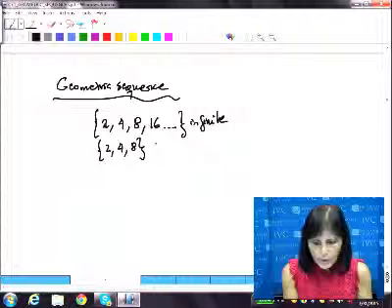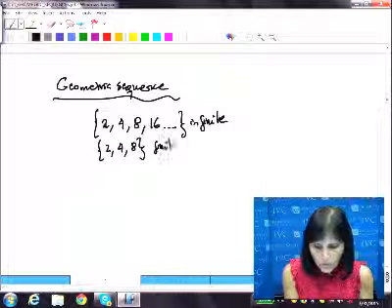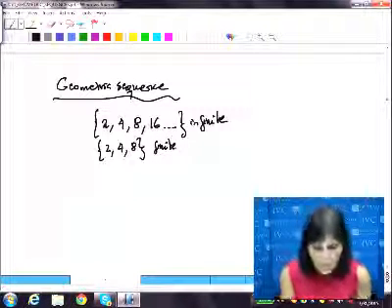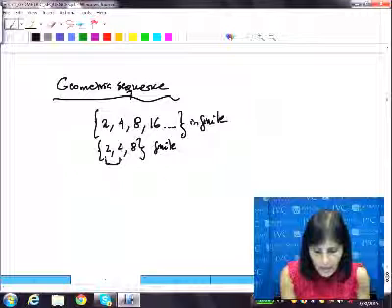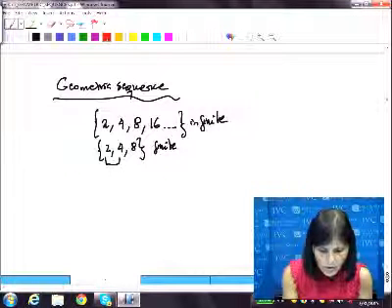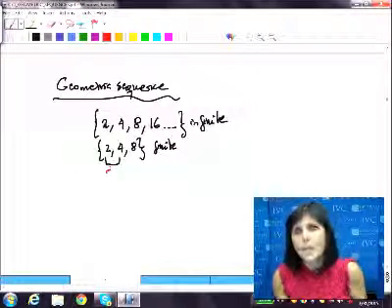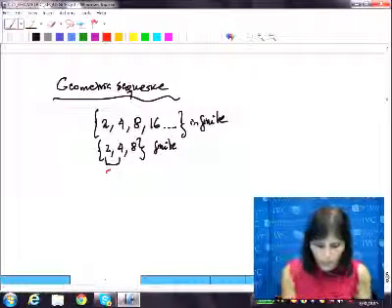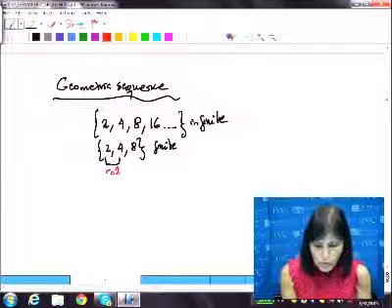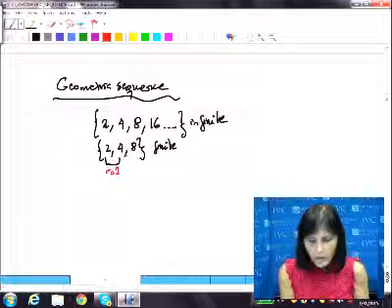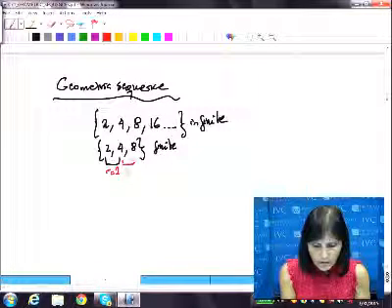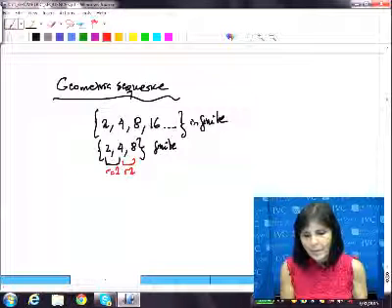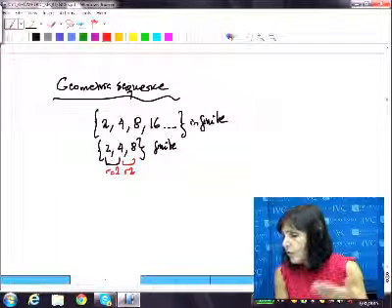This one is finite. You have to figure out what the relationship is, and that relationship in a geometric sequence is r. You're multiplying the previous number by r to get the next number. So in this case r is 2, because 2 times 2 is 4, and 4 times 2 is 8. So this is a geometric sequence with r of 2.